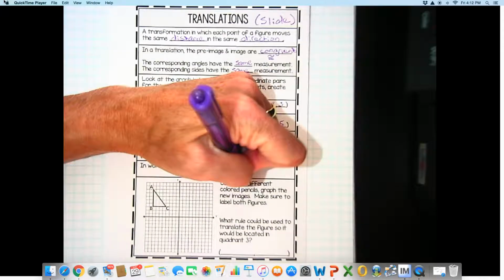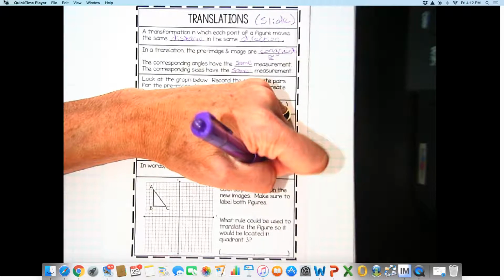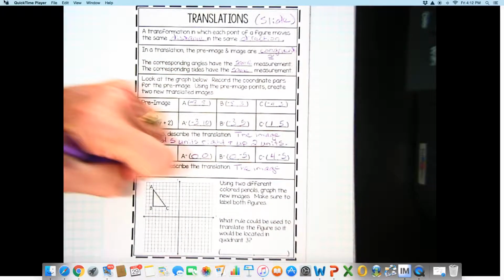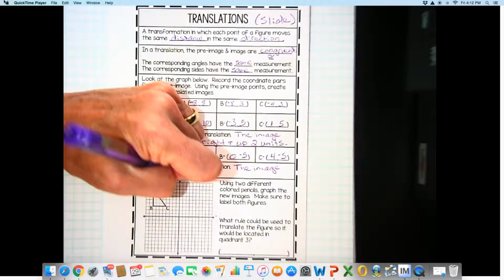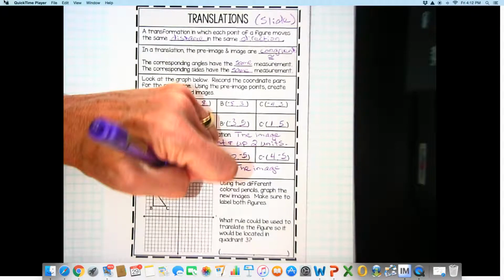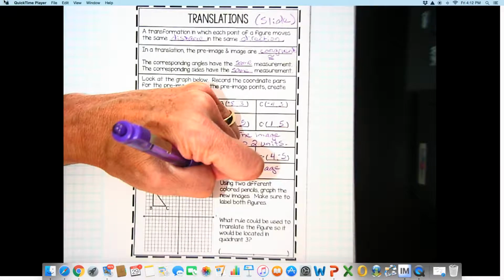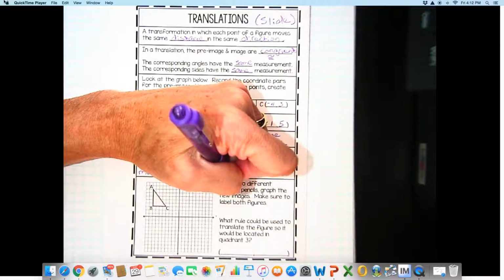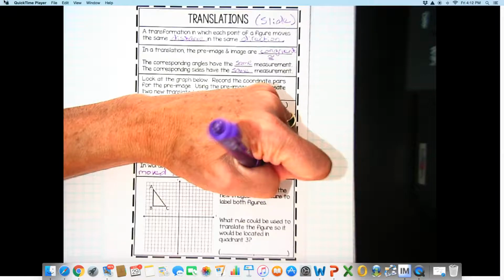So we can write the image moved 8 units right, and down 8 units.